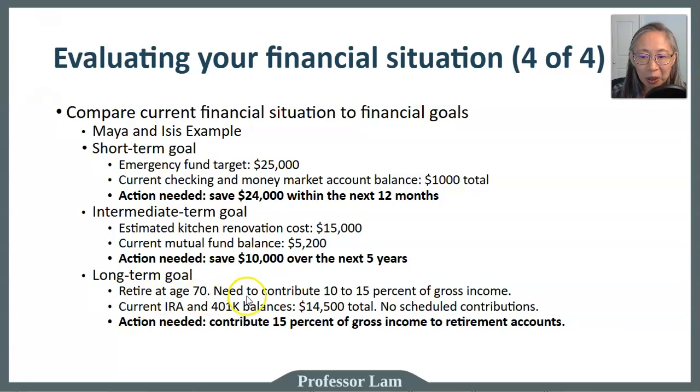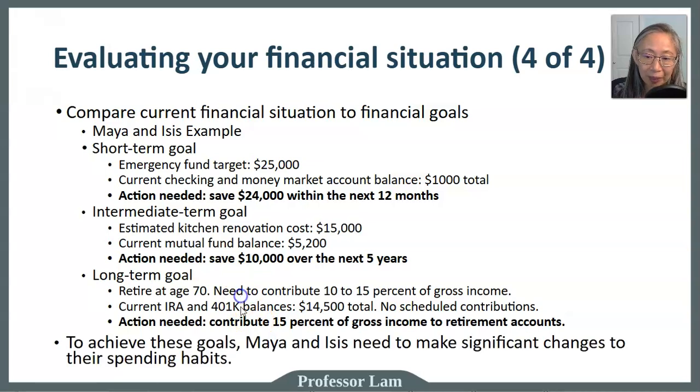To accomplish their goal to retire at age 70, they need to start contributing 15% of their gross income because they have not been contributing in the past. To achieve this goal, they will have to make some significant changes to their spending habits.